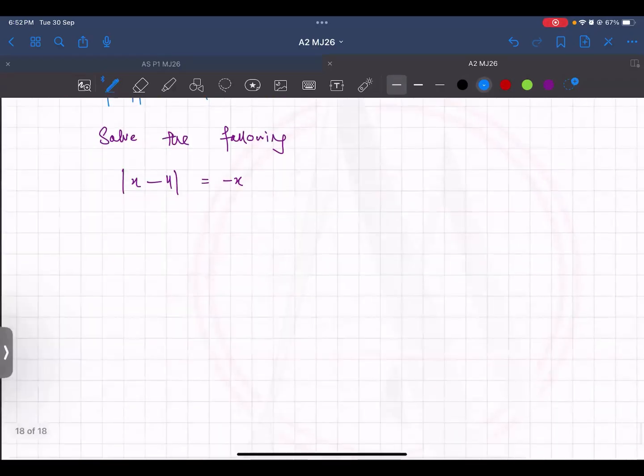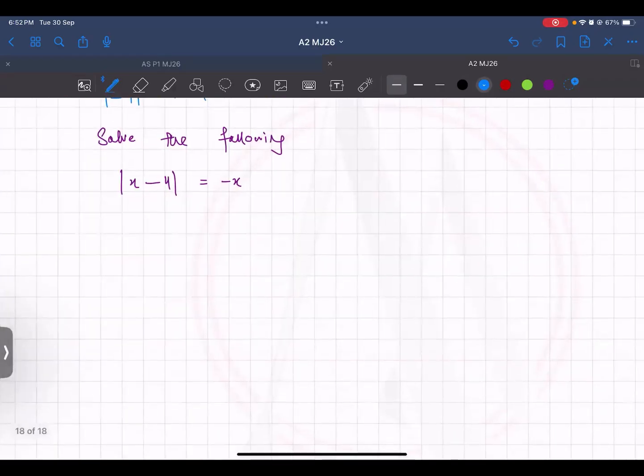This is an example of a modulus equation. When you try to solve this, what do you do? You square on both sides. So you will get (x - 4) whole square is equal to (-x) whole square. If you open it up, x square minus 8x plus 16 is equal to x square, and the x square will cancel out.